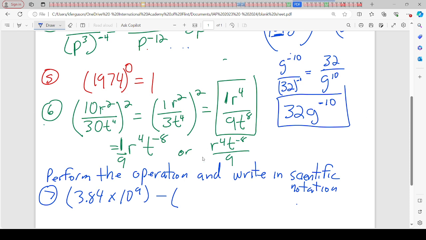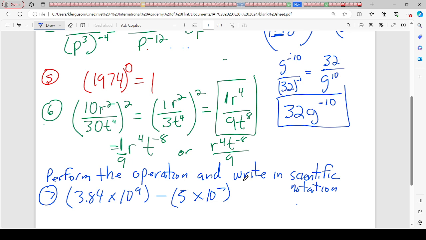All right, 5 times 10 to the seventh. Okay, so I have 3.84 times 10 to the ninth power minus 5 times 10 to the seventh power. When we add or subtract scientific notation, my powers need to be the same.